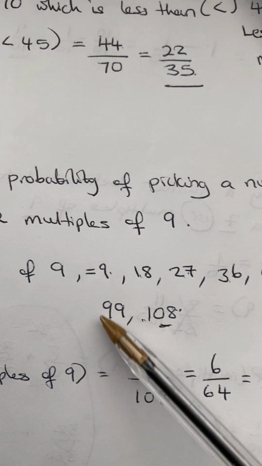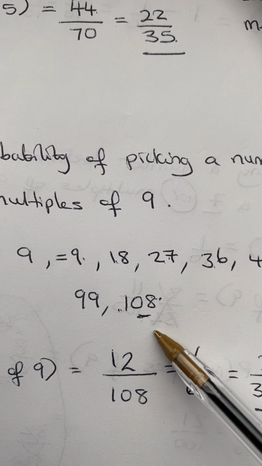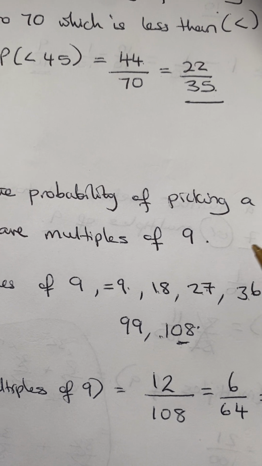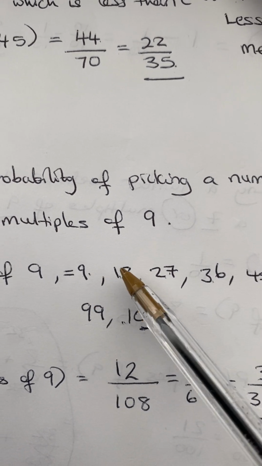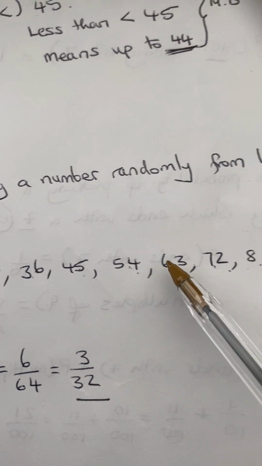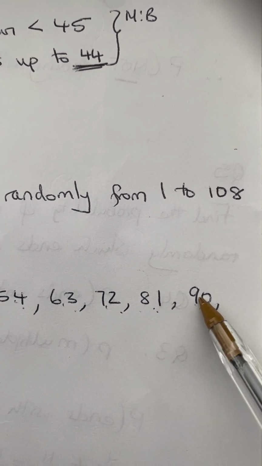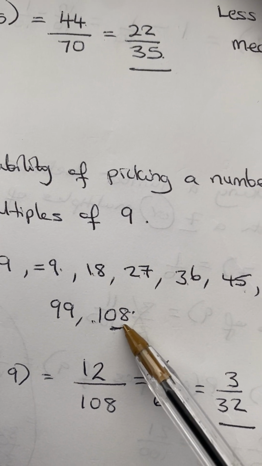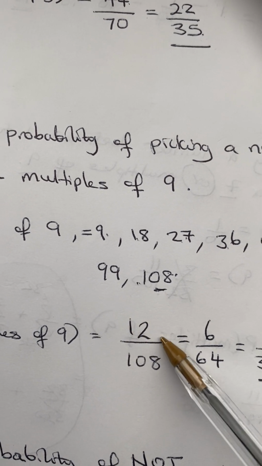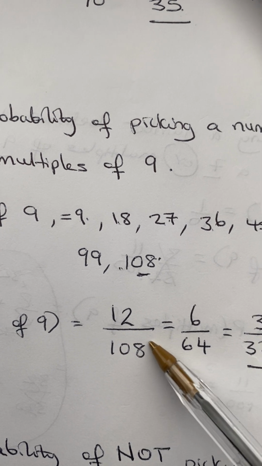If you add 9, that takes you up to 108. So how many multiples do we have? 1, 2, 3, 4, 5, 6, 7, 8, 9, 10, 11, and 12. So we have 12 multiples of 9, out of 108.